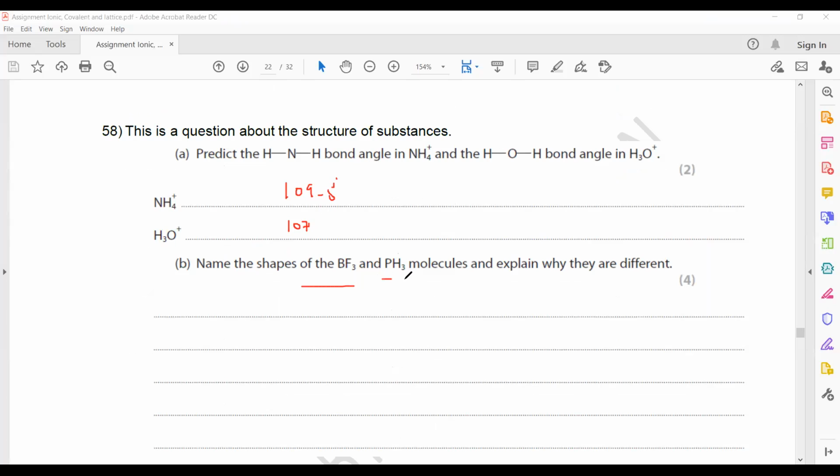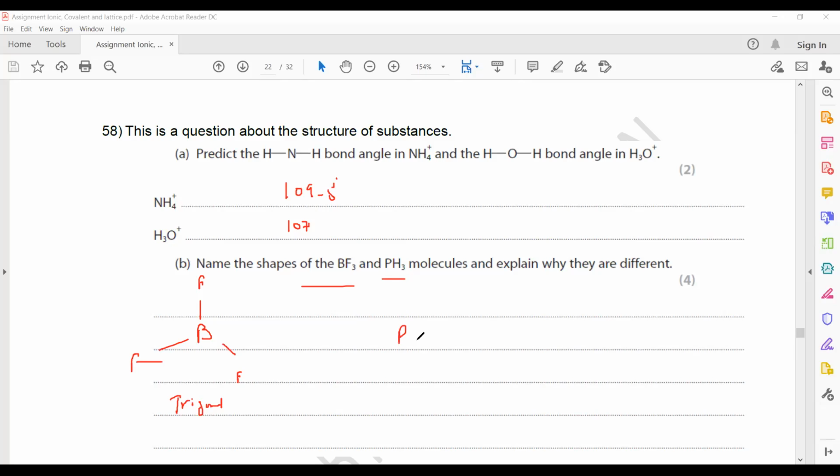Now name the shape. What is the shape of BF3 and PH3, and explain why they are different. For BF3, boron trifluoride, it has 3 bond pairs and no lone pair, so it will be trigonal planar.